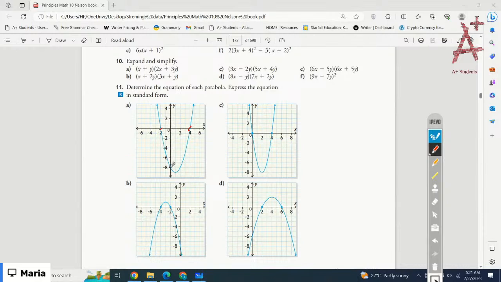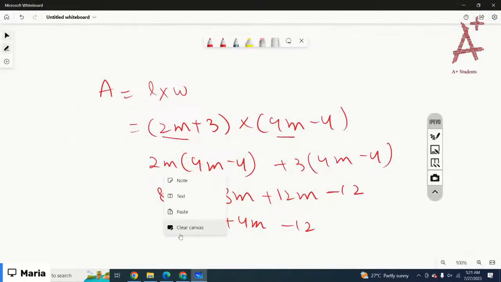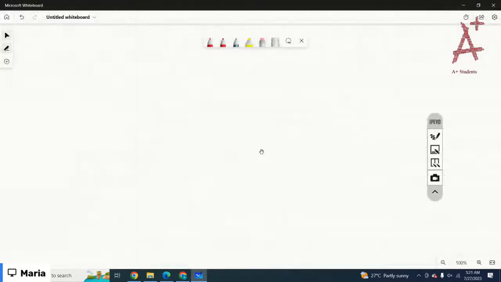And here is the y-intercept. The y-intercept is at negative 8, right? So let's just write down the zeros. The zeros of the graph are at x equals negative 2 and x equals 4.